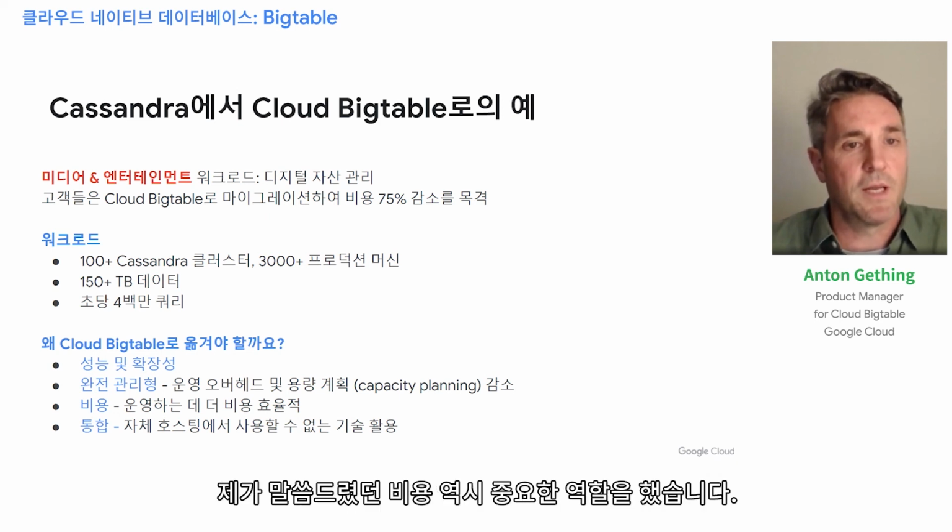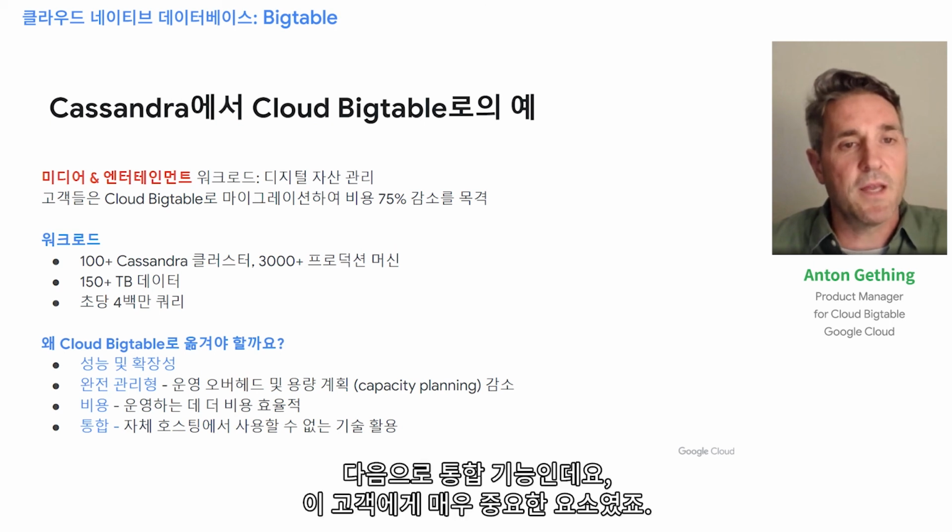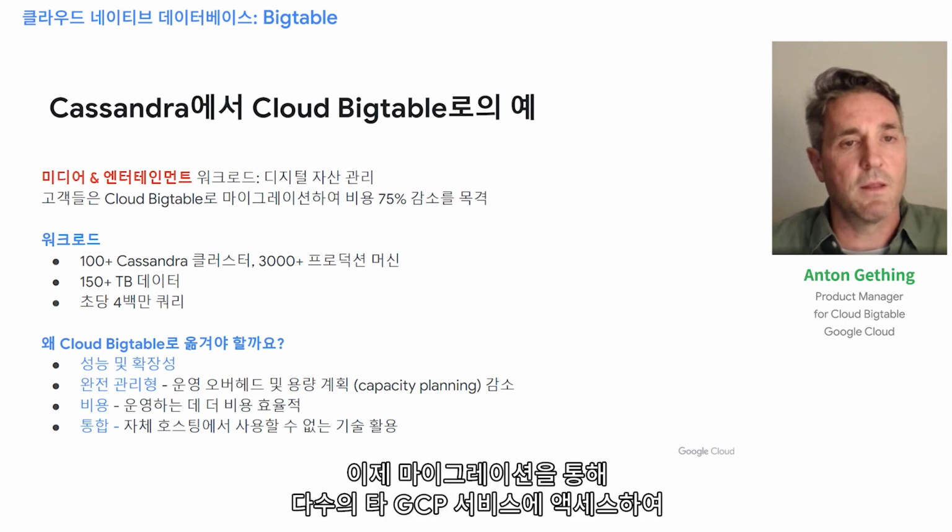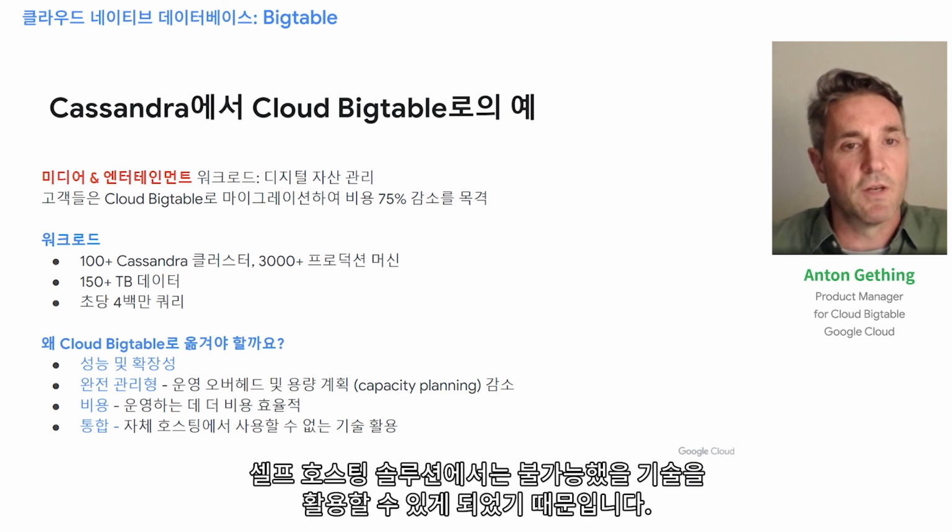Cost, as I mentioned, played a significant part. And then integration, which was very valuable to this customer, since in the migration, they now have access to a number of other GCP services to leverage technology that would have otherwise not been available on a self-hosted solution.